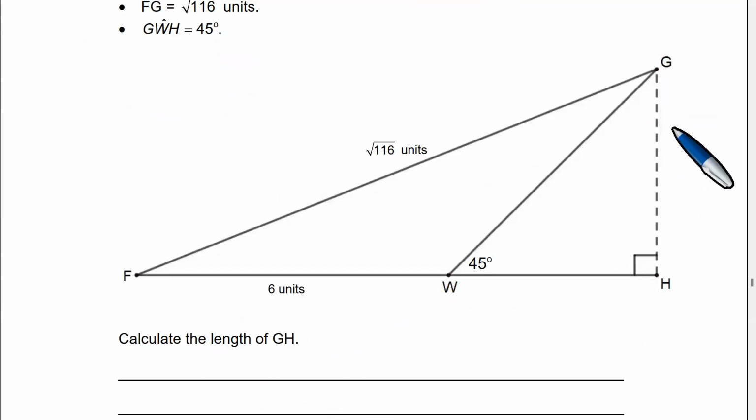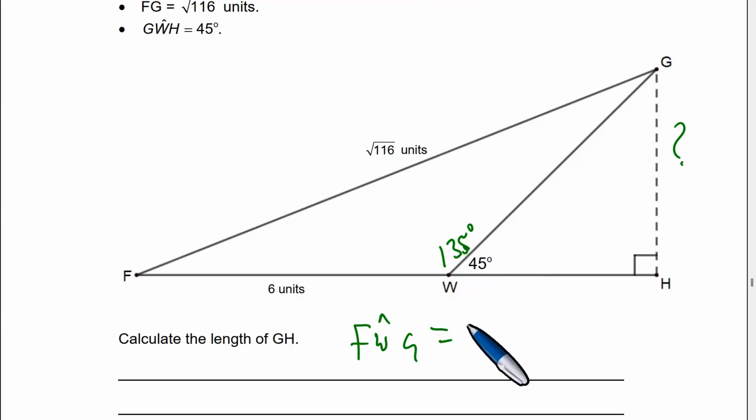We're interested in finding this one. Right, so we can use the cosine rule, so we can see that the angle FWG is 135 degrees, because this must give us 180 degrees with the 45.